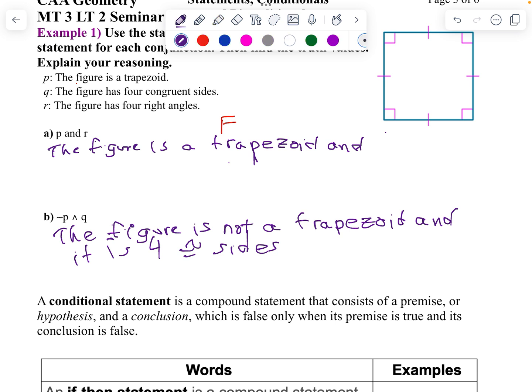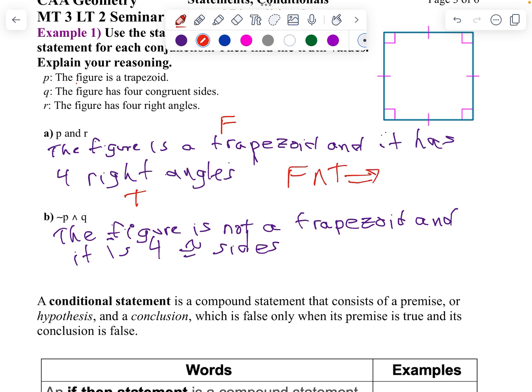There we go. So R is the figure has 4 right angles. Still get the same thing as far as the conclusion, because it does have 4 right angles. That part's true, but false and true make that whole thing false.